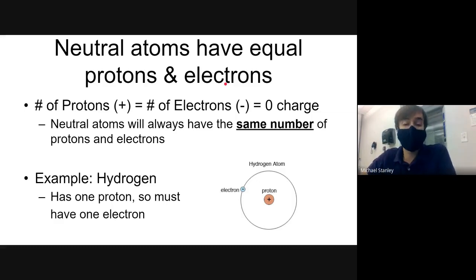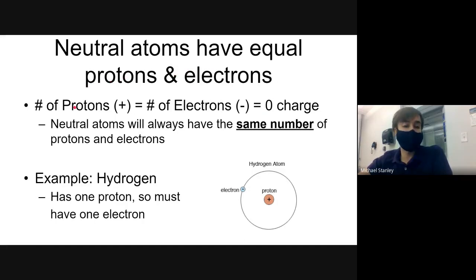So in all the atoms that we deal with in this class, the number of protons is going to be equal to the number of electrons, right? They're going to balance each other out. So a neutral atom will always have the same number of protons and electrons. Because for a neutral atom, that means the overall charge on the atom has to be 0.